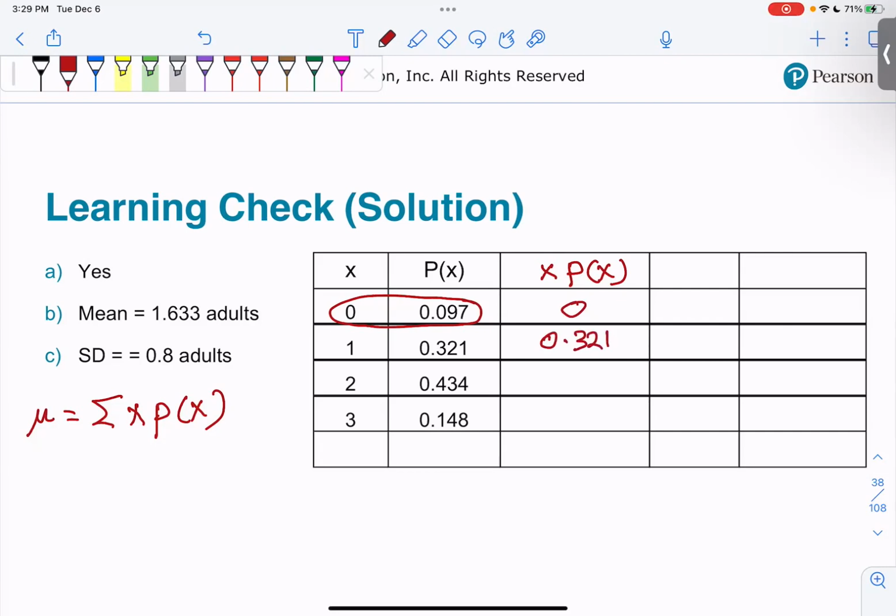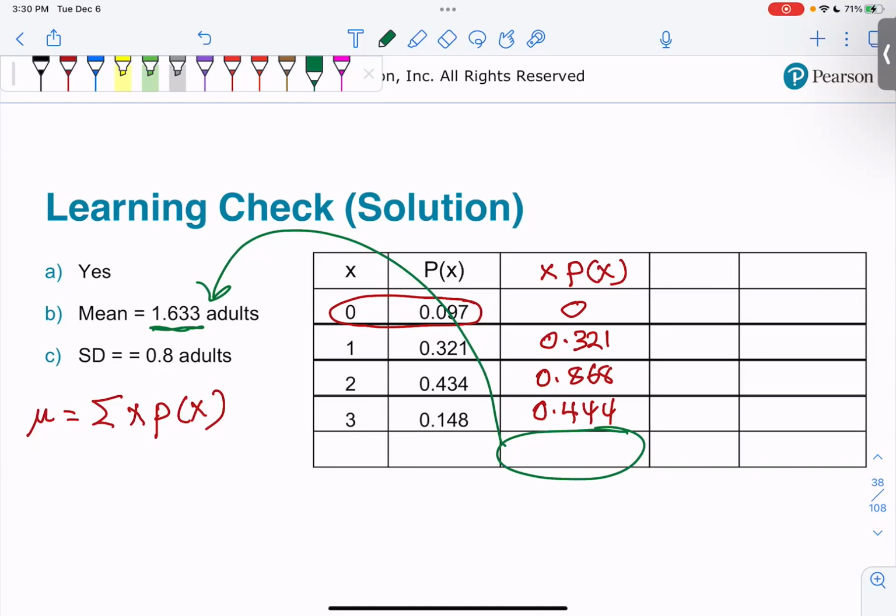And then the next one, and then the last one, 444. And then the summation for this will be equal to this value, which is 1.633. And we did say use 3 digits for the mean.